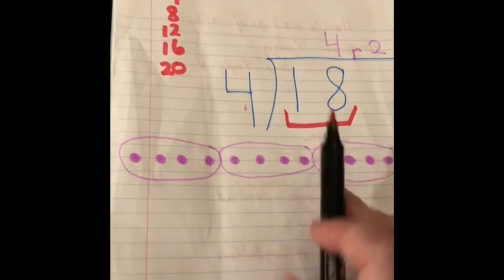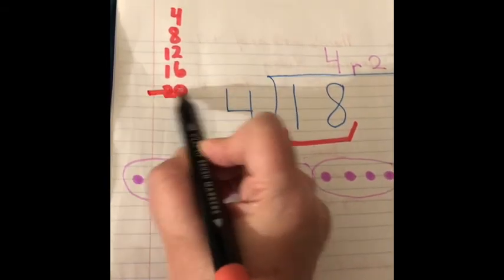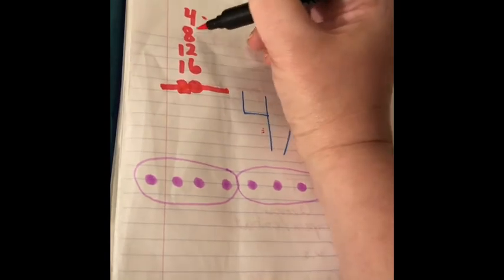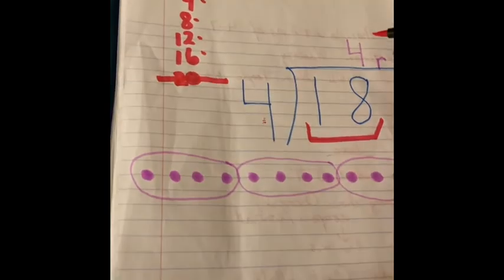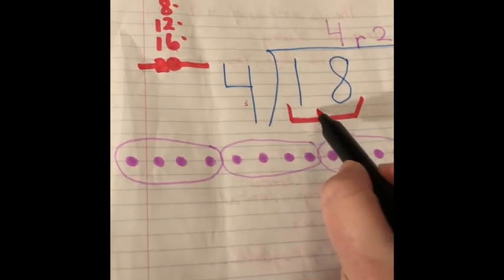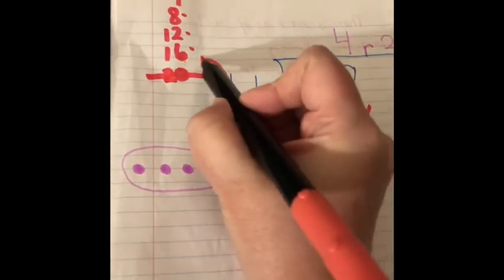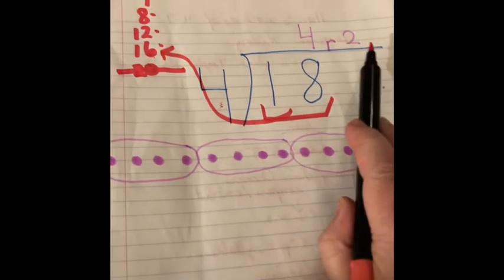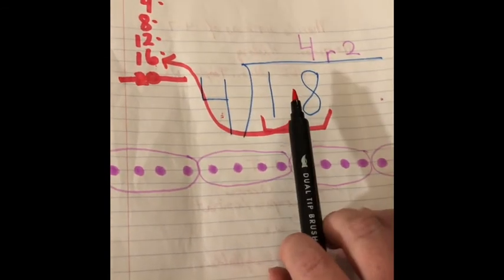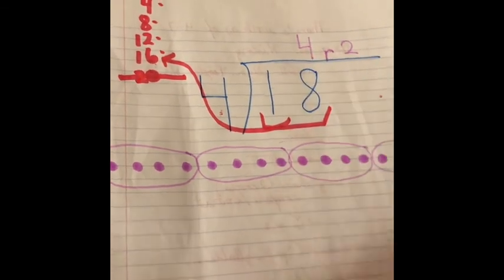Well, I just went past my target, so hit the brakes. How many times was it able to fit in there? 1, 2, 3, 4. But that only got me to 16. What's the difference between 18 and 16? 2. So 4 fits inside of 18 4 times with 2 leftovers.